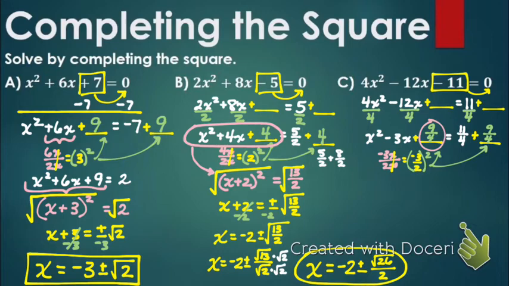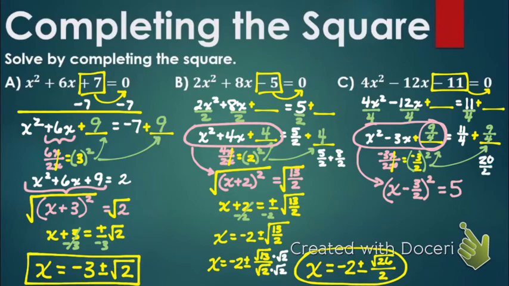So how will this factor? X minus 3 over 2 quantity squared. Absolutely correct. Equals what? 20 over 4 to get 5 right there.